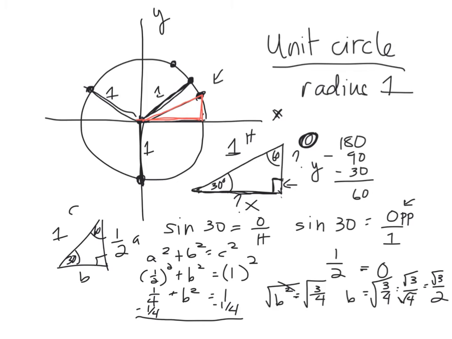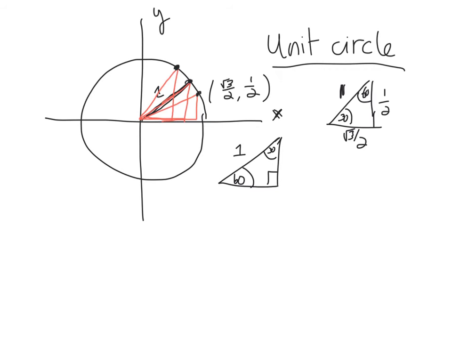But we know that this side, b, is now square root of 3 over 2. So our x was square root of 3 over 2, and our y was 1/2. Okay? All right, so we found our coordinates at 30 degrees.